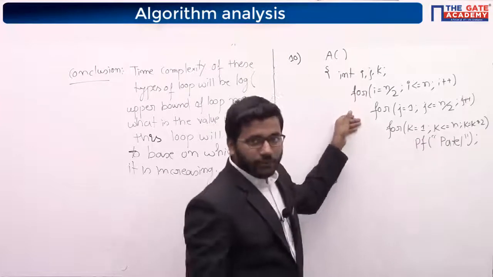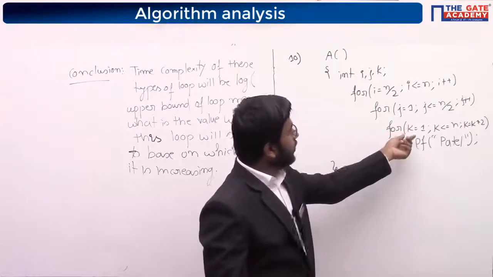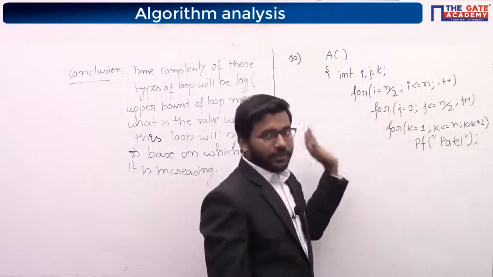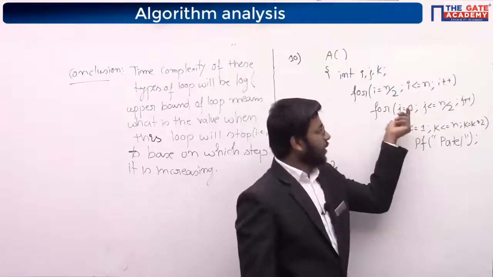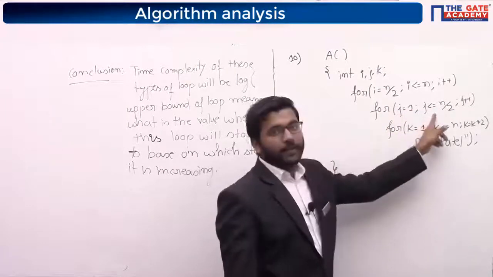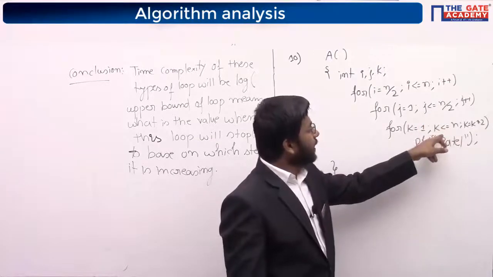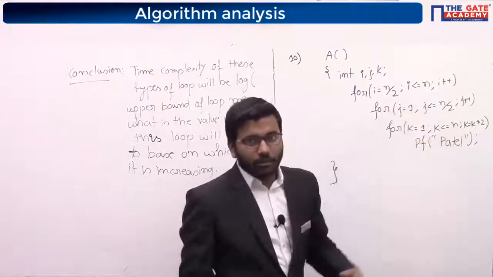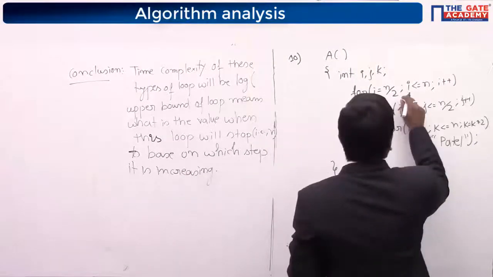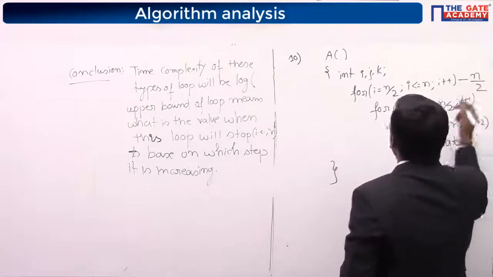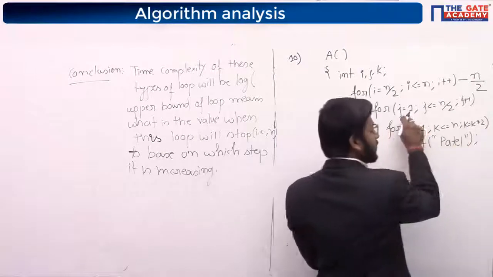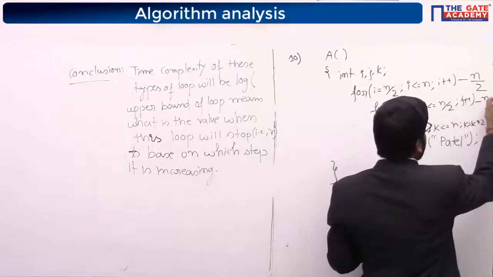In these three loops, none of the loops is interlinked or dependent on the upper one or the lower one. In the previous one, we were saying that when j was 1, j is smaller than or equal to i. But here j is independent of i, k is independent of j. So when the loops are independent, just see how many times each is running. It is running n by 2 times because it is starting from n by 2 and running till n. This one is running n by 2 times because it starts with 1 but runs till n by 2.